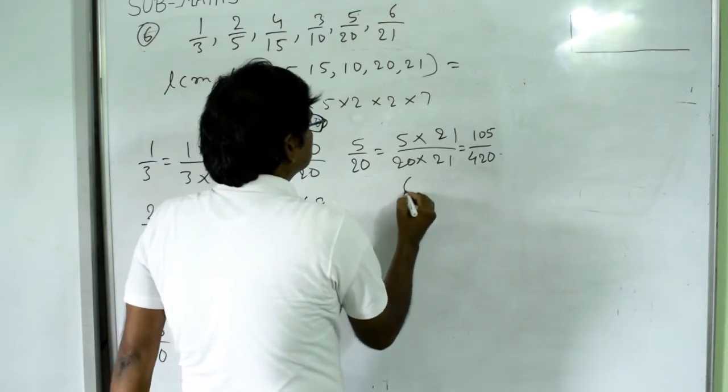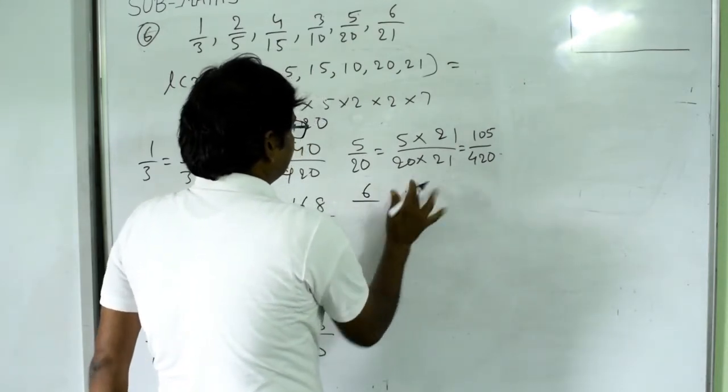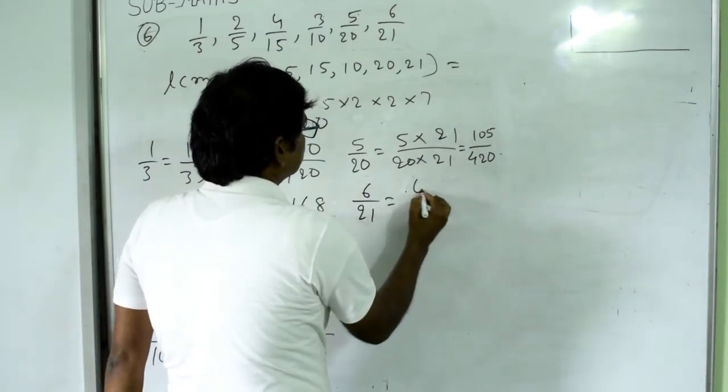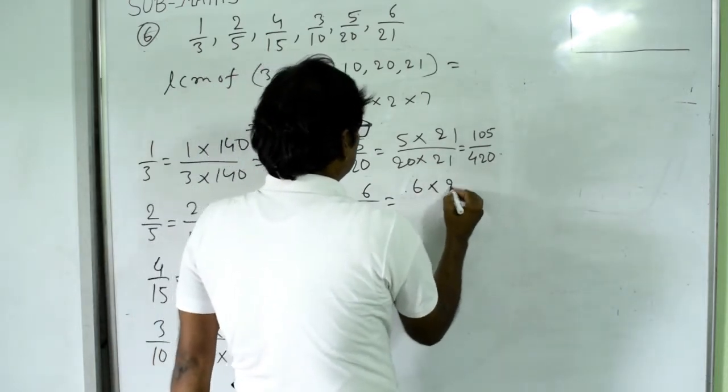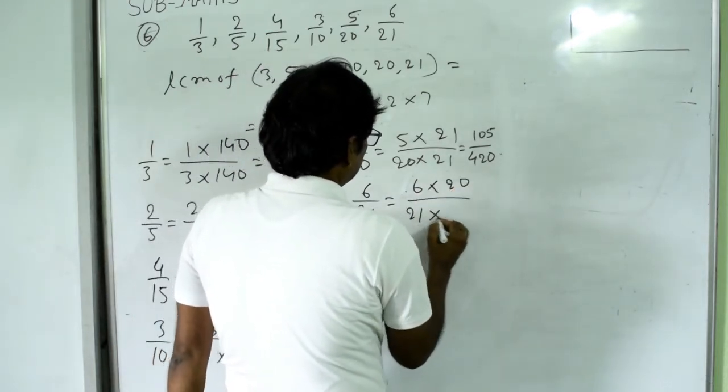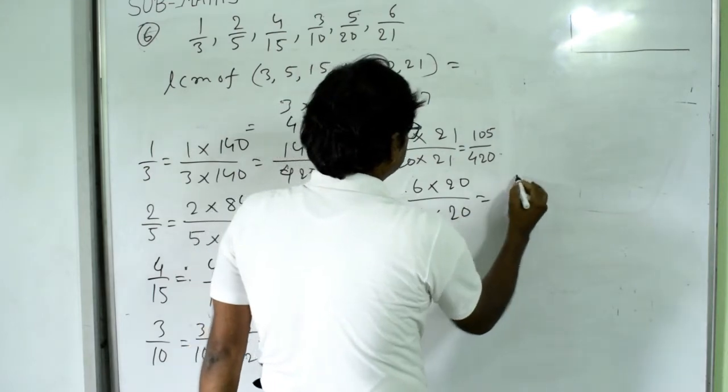Then one more is there, 6 by 21 equal to 6 into 20 by 21 into 20.